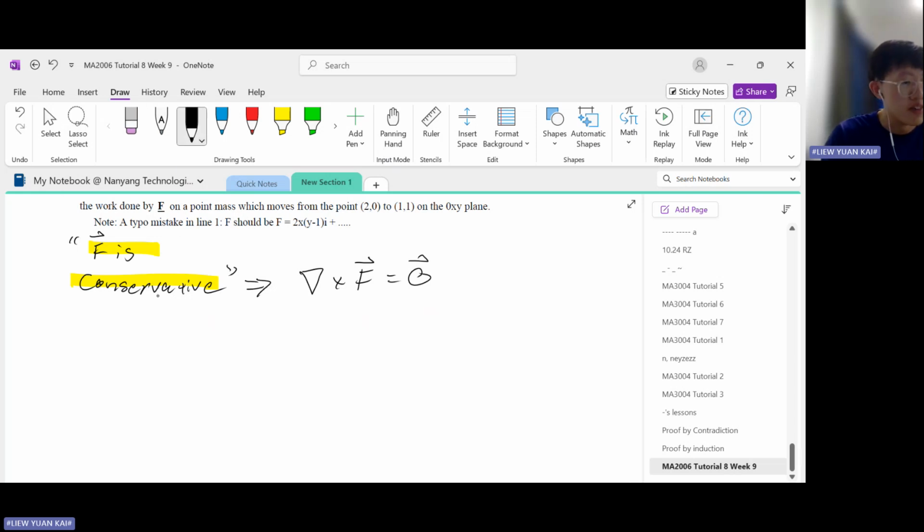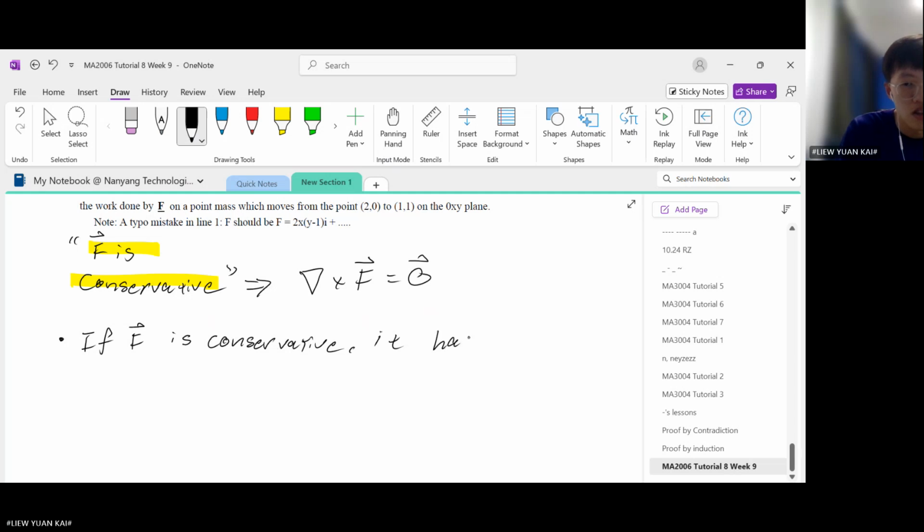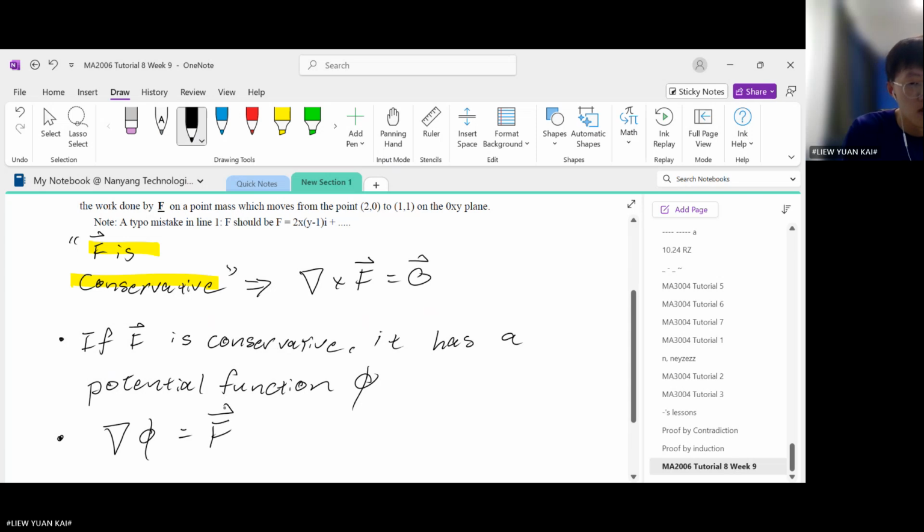The importance is this, here's the point that you need to know. This is what I wrote down here.